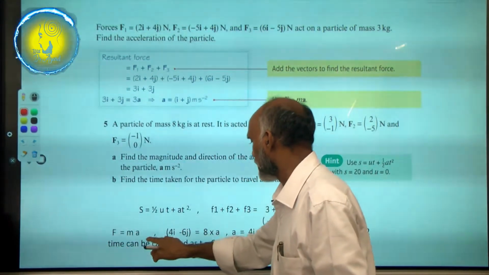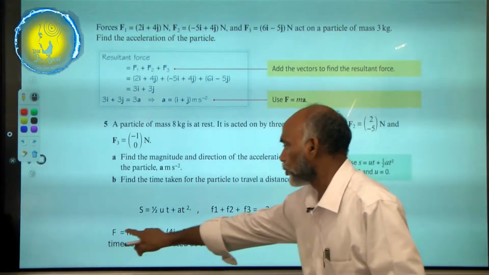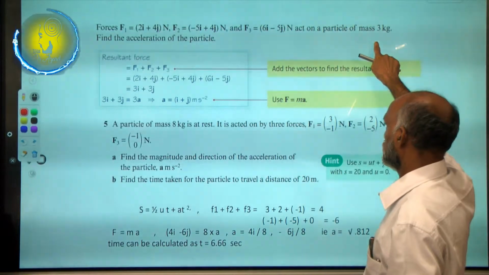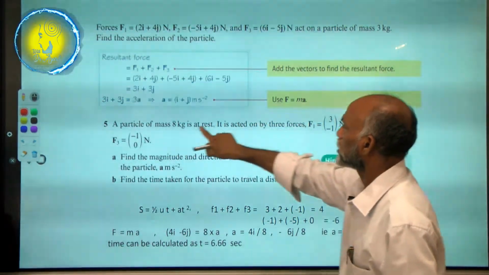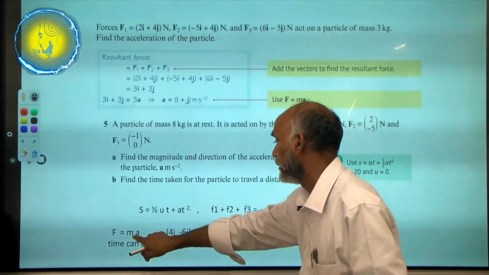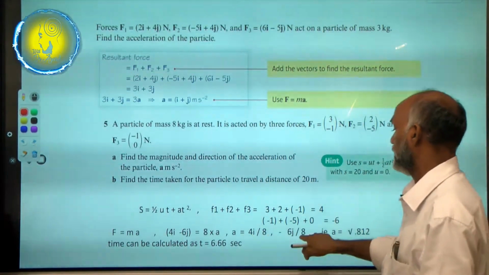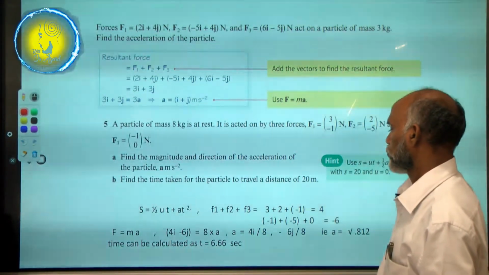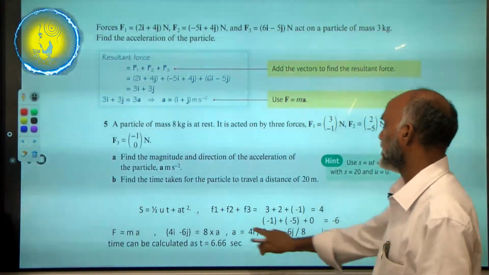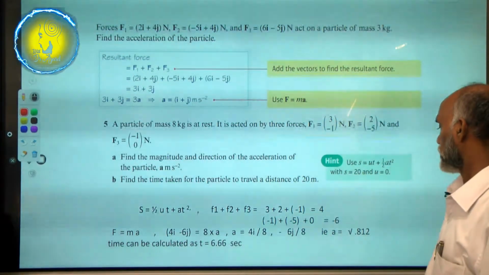Force is equal to mass into acceleration, this result, this 4 minus 6 as the total force, and in this sum, the mass of the particle is 8. So we can apply 8 here, and we can find the acceleration in terms of i and j. 4 upon 8 i, 6 upon 8 j. We are dividing the mass in both vertical and horizontal.